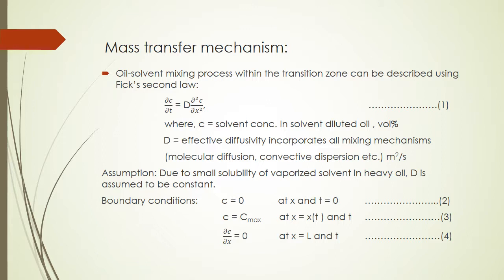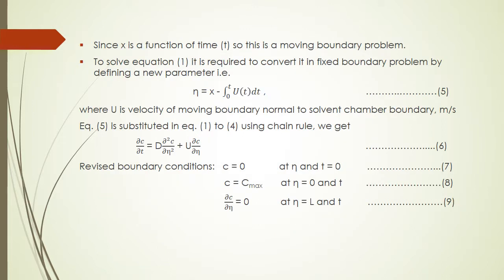I have given some boundary conditions to solve equation 1. The basic problem with equation 1 is that the variable involved, x, is time dependent, and the problem is a moving boundary problem. So to solve equation 1, it is required to convert it to a fixed boundary problem.